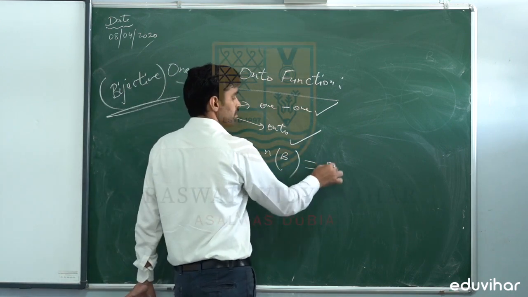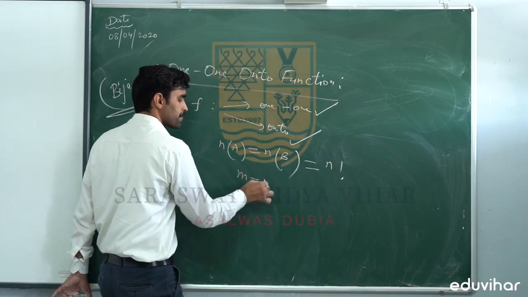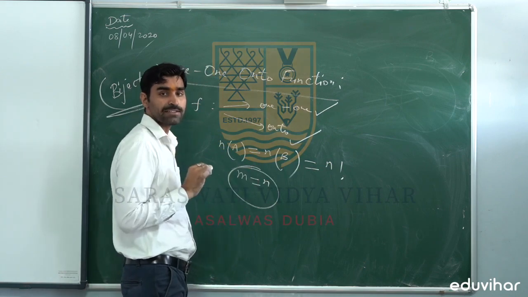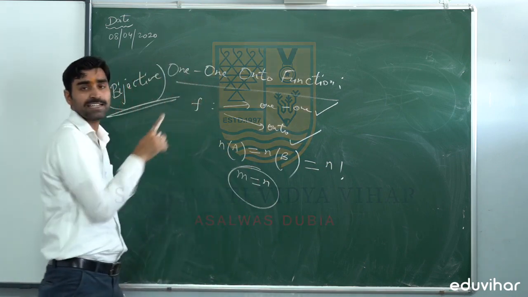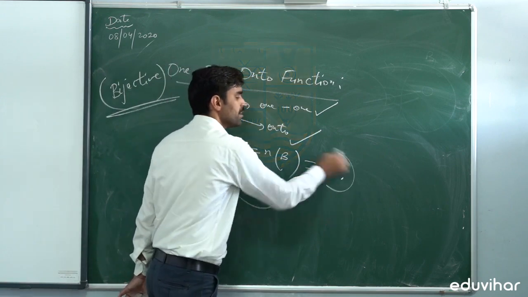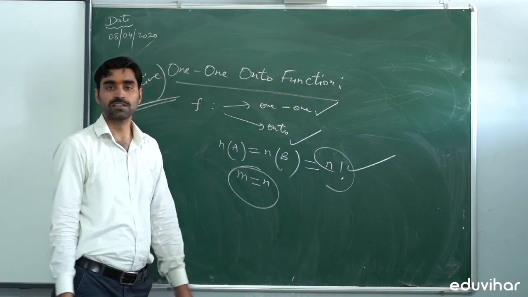If m equal to n, then the number of elements in a bijective function, that is one-one onto function, must be n factorial.